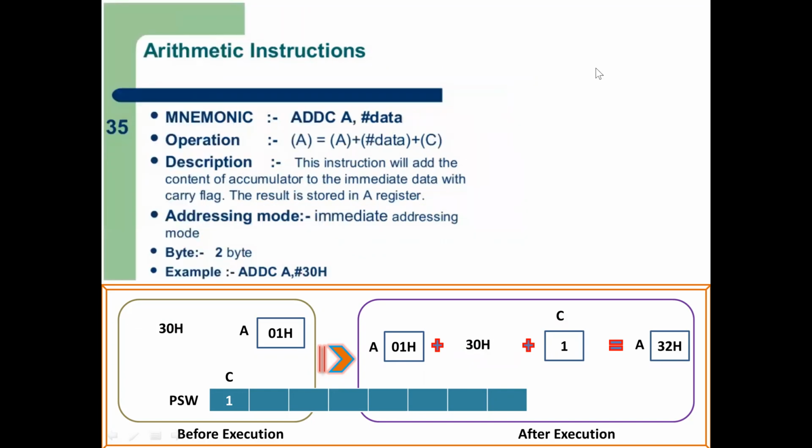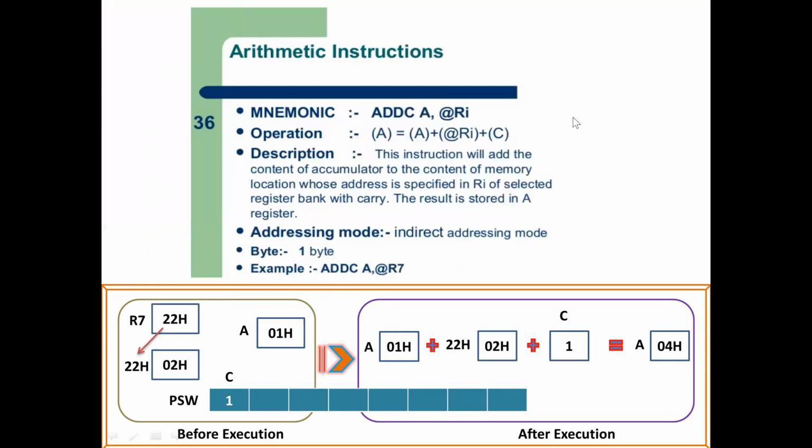Next, this is also the same. The operation you come across: accumulator plus direct data plus carry. Direct data, accumulator value, carry. If I add these three, what is the final result? Now, a little bit, I have used @Ri.